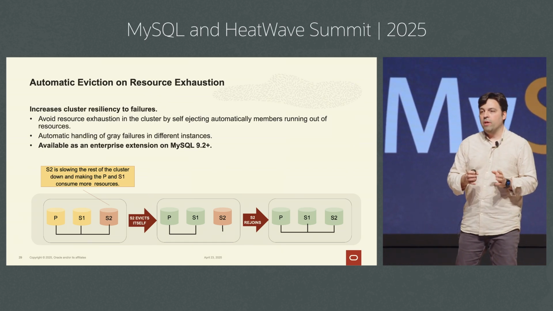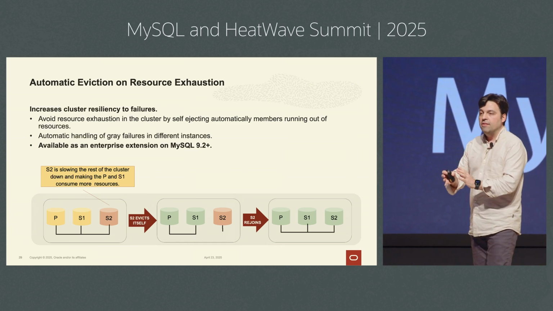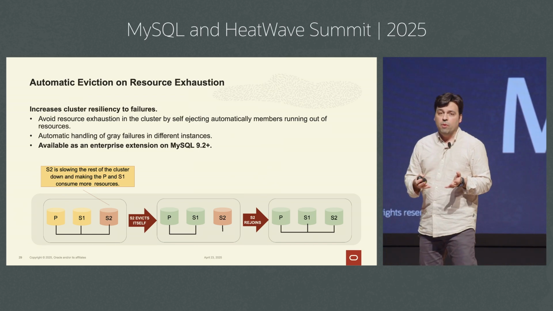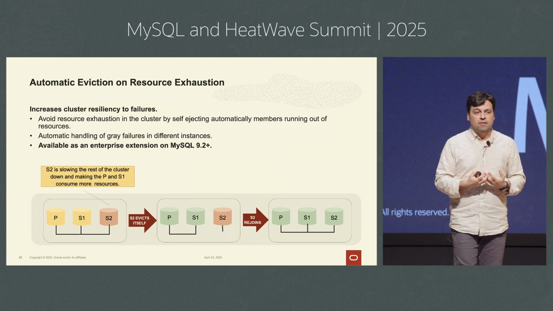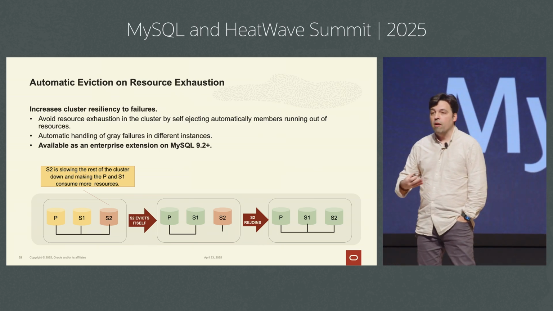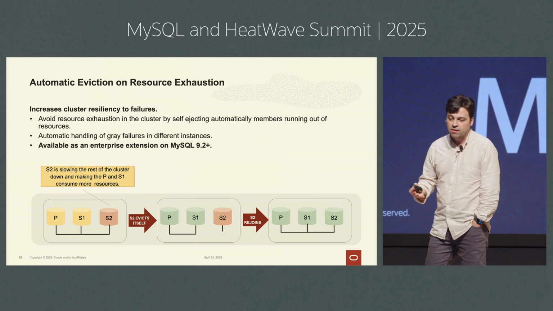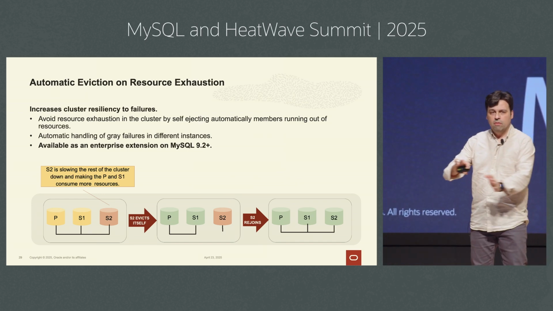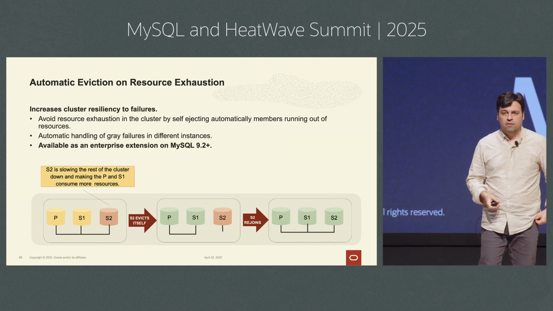We don't want this to happen, so with this extension, the resource manager in a way will realize that this instance is unhealthy and remove it from the group proactively, without a human having to go in and say, okay, this looks really weird, so let's just remove it from the picture, do some forensics, and so on and so forth.